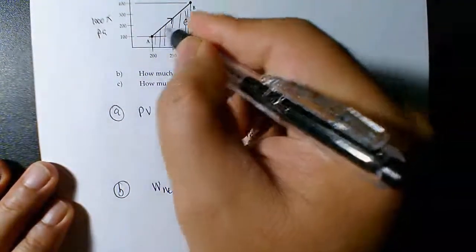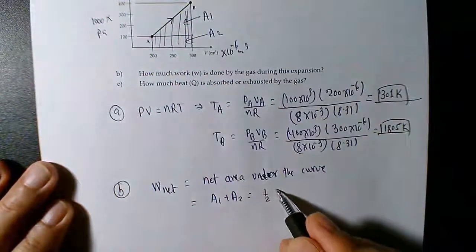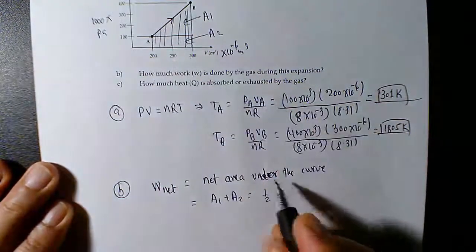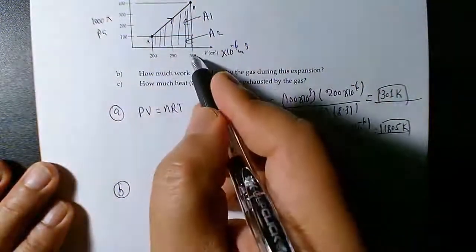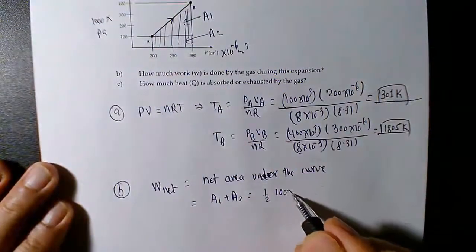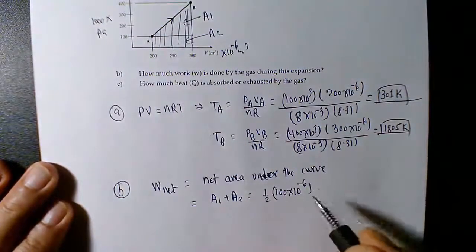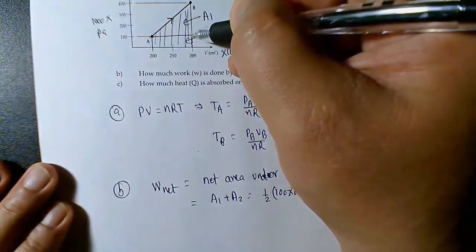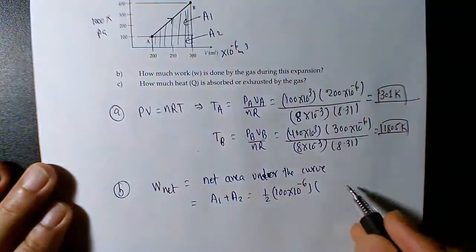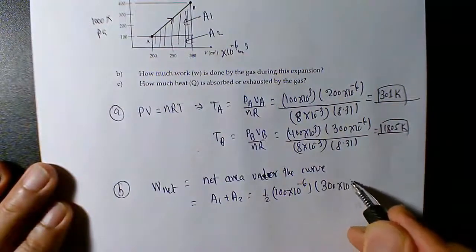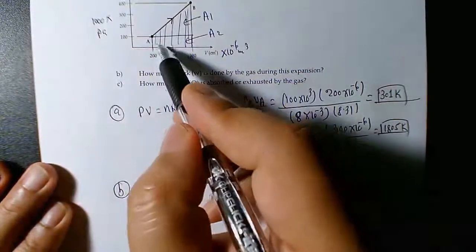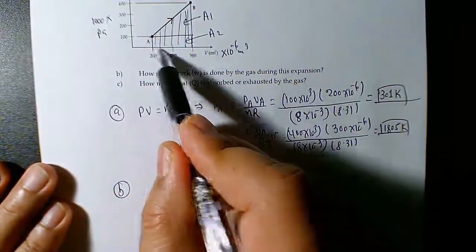Area A1 is the area of the triangle, which is 1/2 base times height. The base is 300 minus 200, 100, times 10 to the power negative 6. The height is 400 minus 100, so 300 kilopascal, in kilopascals. Plus the second area, which is the area of the rectangle, length times width.